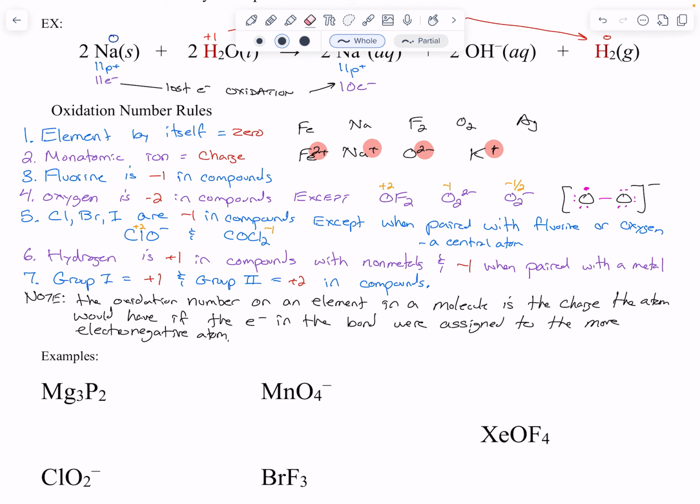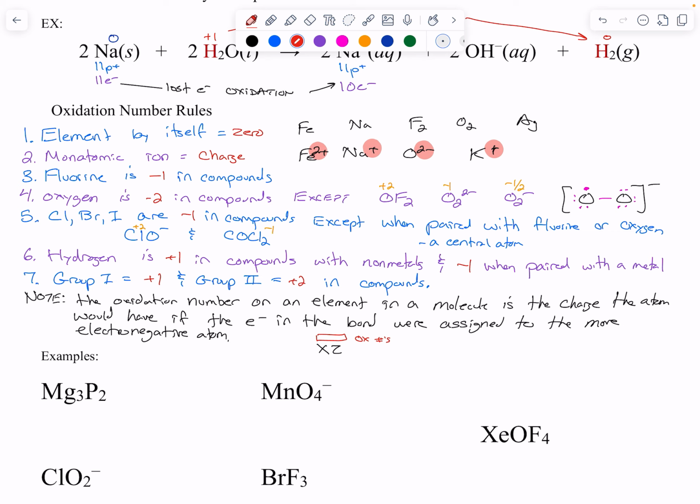Now, how I like to do this. If I have X, Z, up here are my oxidation numbers, right?